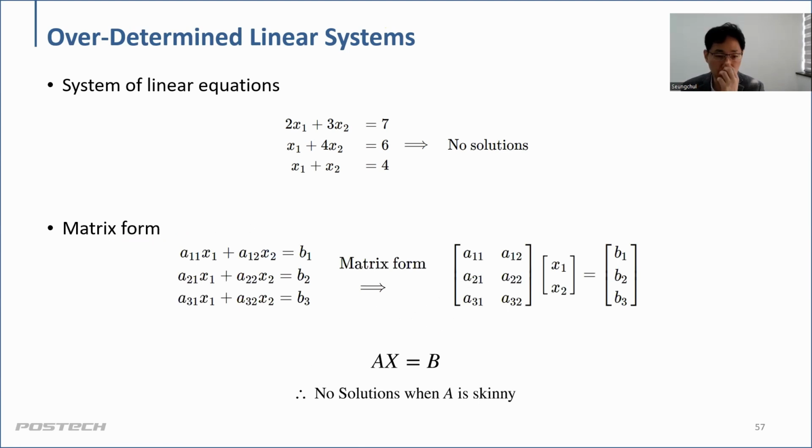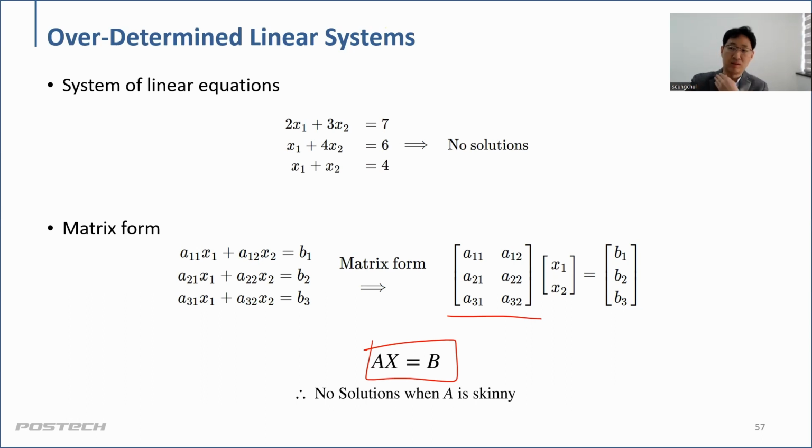Let's repeat the same thing and transform it into the matrix form. It's the same: A times x is equal to b, but the only difference is that the shape of matrix A is skinny.